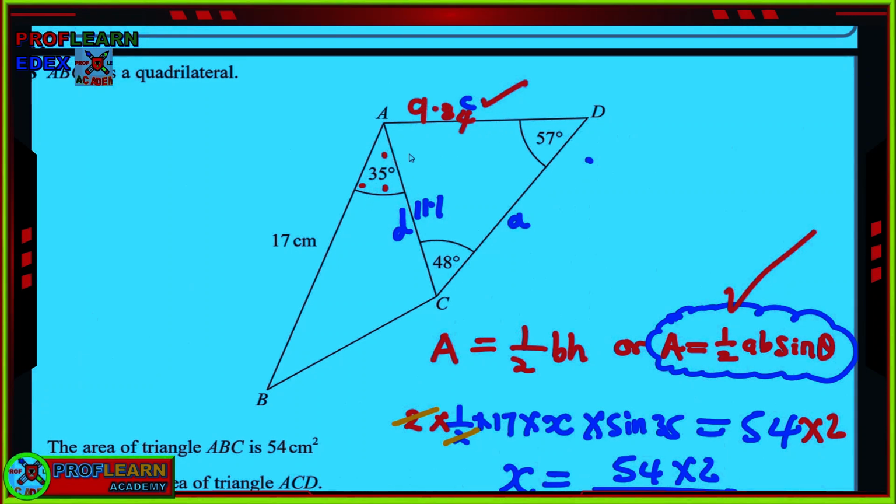If I want to use this angle here, using this side and this side to find the area of the triangle, I must know what this angle is. So I can say this is going to be 57 plus 48, 105. I subtract it from 180, which is going to give us 75 here. So we are going to use this angle.